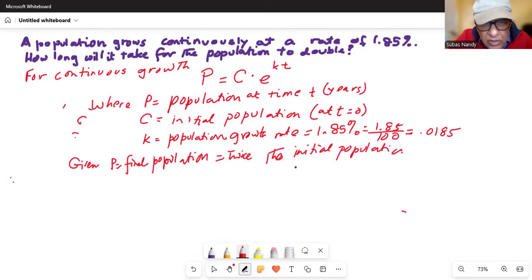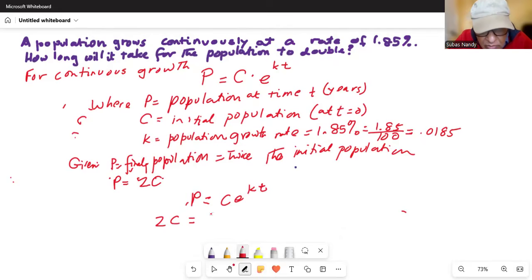That means P is equal to 2 times the initial population, which is C. So we can write P equals C e to the power of kt, or 2C is equal to C times e, where e is a natural number, K is given as 0.0185, multiplied by t.